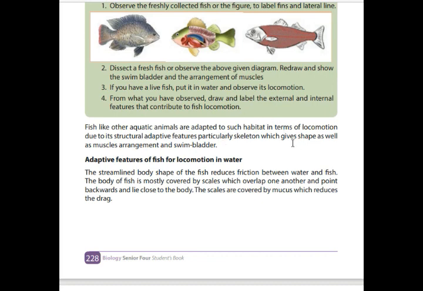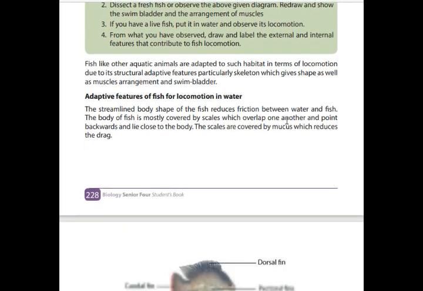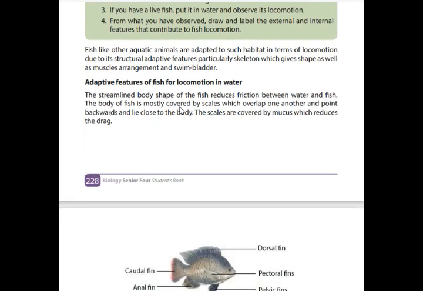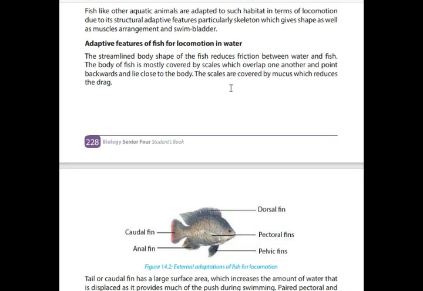The body of the fish is mostly covered by scales, which overlap one another and point backward and lie close to the body. You see, their body is covered by the scales.